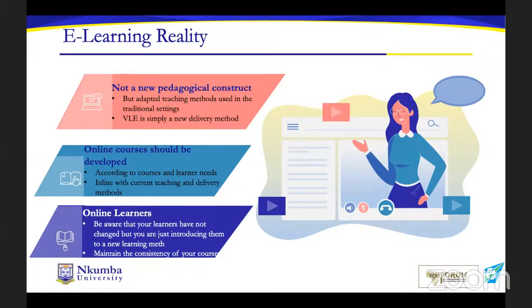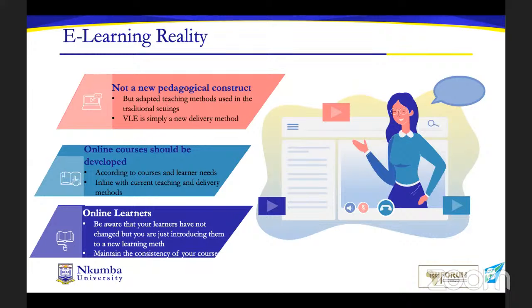But the other reality that you need to understand when you venture into effective e-learning is that your learners have not changed. What you're doing is simply introducing a new delivery method to support your teaching and learning. And therefore, students need to know that you are still the same lecturer.